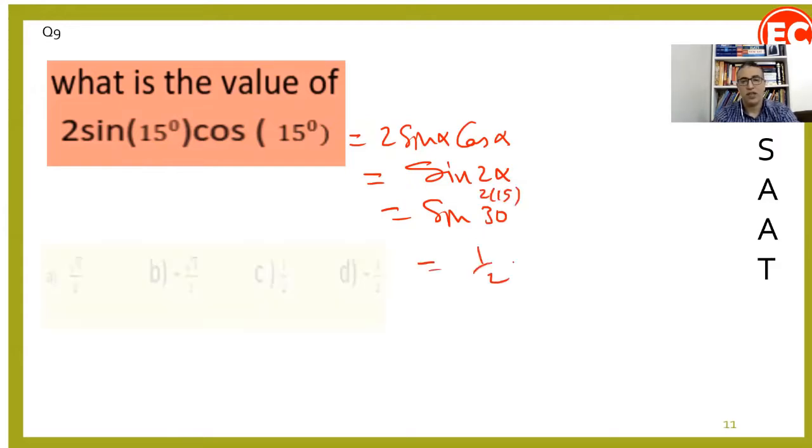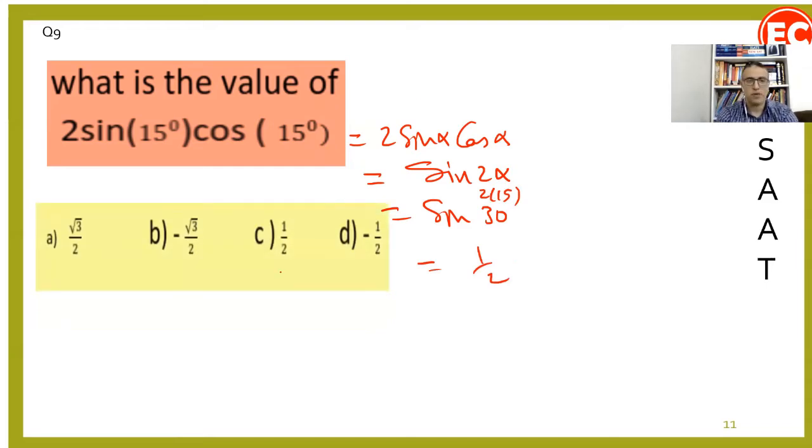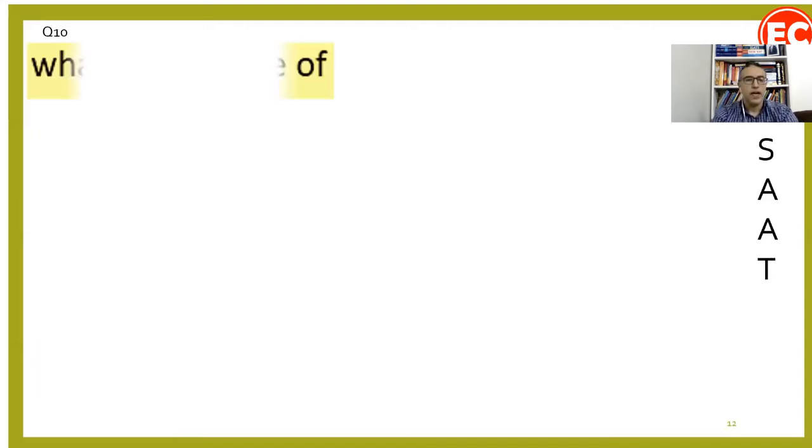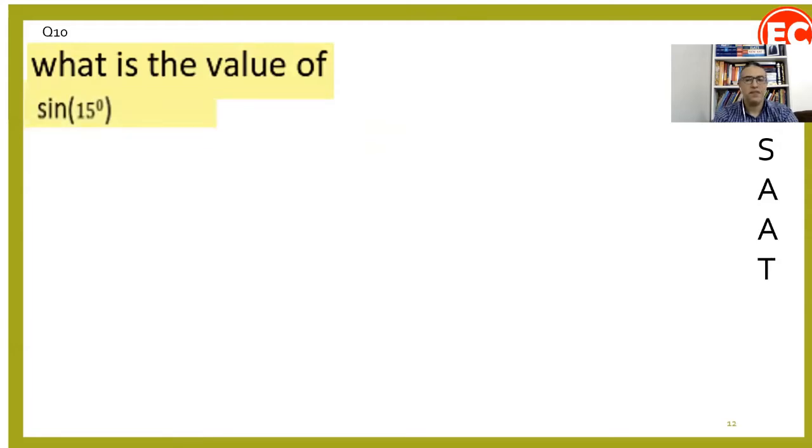Even before I show you the choices, I should be ready with the answers. This is the rule for doubling the angle: 2 sine cosine is the same as sine twice the angle. So the right answer is C. Double 15 is 30. Question number 10. What is the value of sine 15 itself?